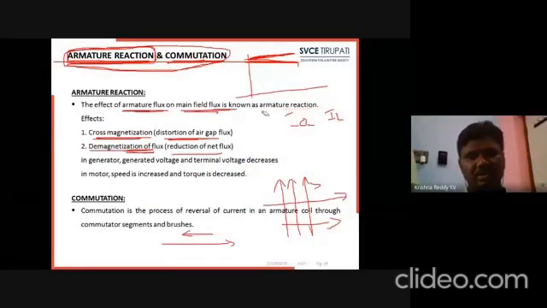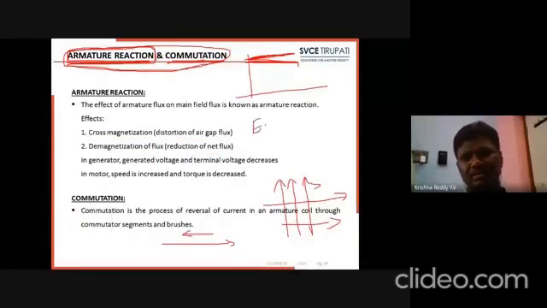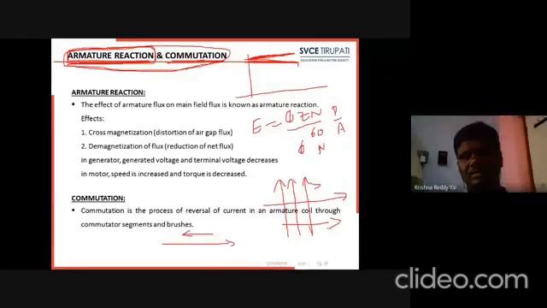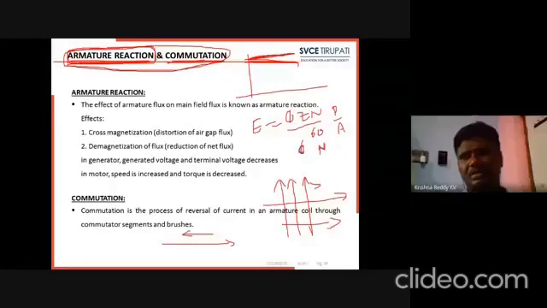But in case of motor, we have the relation Eb equal to phi Z N by 60 into P by A. The induced EMF equation is E equal to phi Z N by 60 into P by A. So from this, what is the relation between flux and speed?